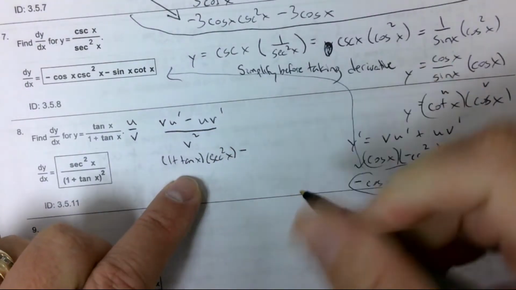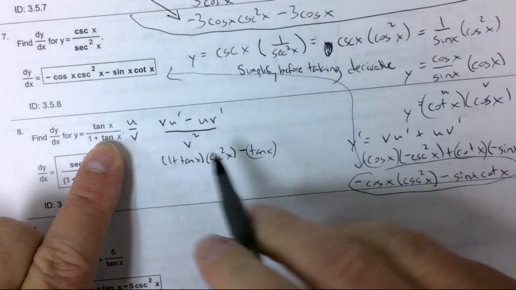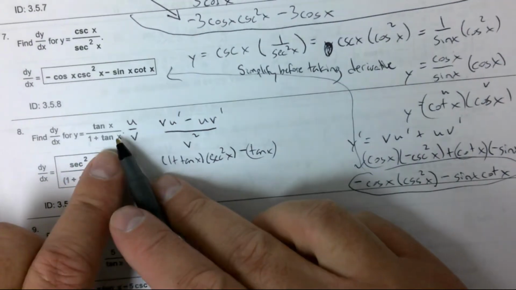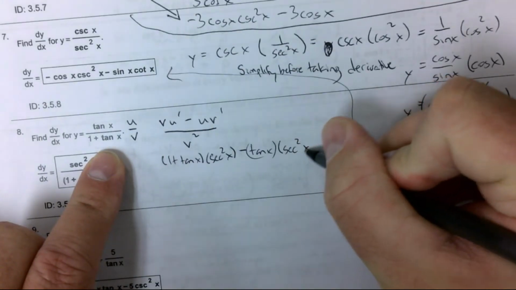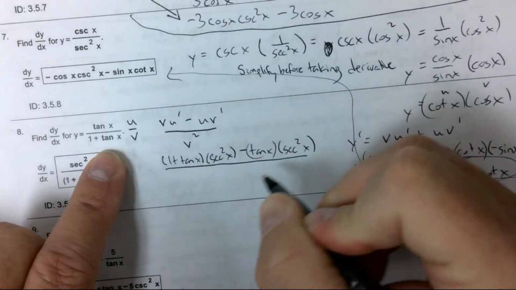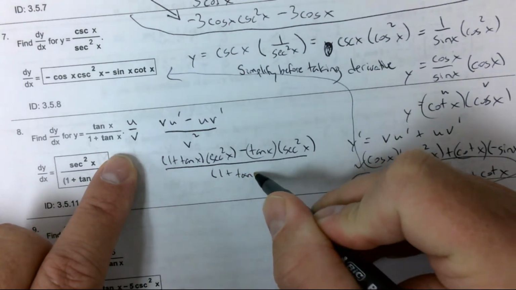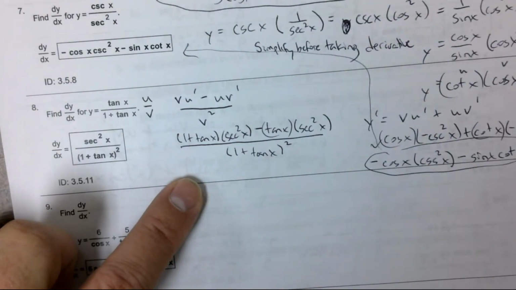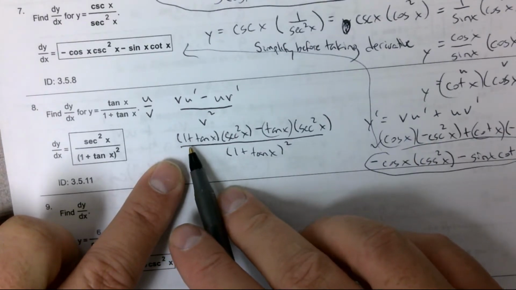And then we put minus u, which is tan x, times the derivative of v. So the derivative of 1 is just 0, and the derivative of tan is secant squared. And then this is over your denominator squared. So when I'm thinking through this, I have a term with a plus sign, and I have something here.